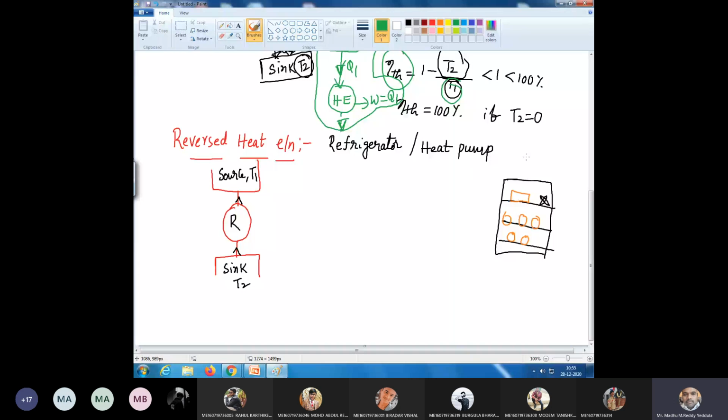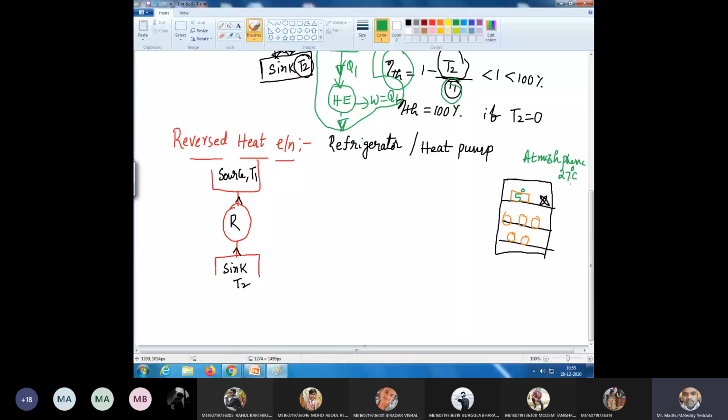Outside the refrigerator we have atmospheric temperature, let us say 27 degrees centigrade. Let us assume summer. Now inside the temperature is, let us say, 5 degrees. How is 5 degrees achieved? The moment you keep goods inside the refrigerator, the temperature is 27 degrees and it keeps on decreasing.